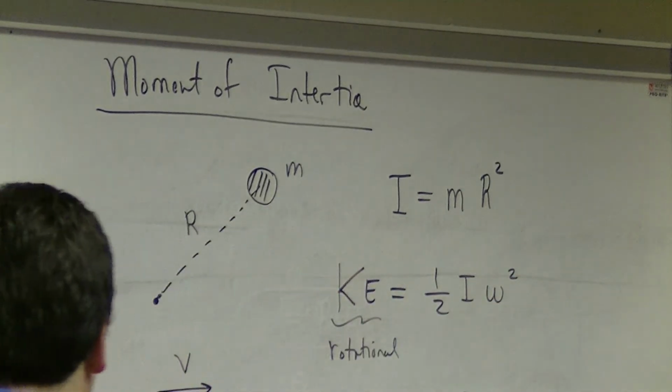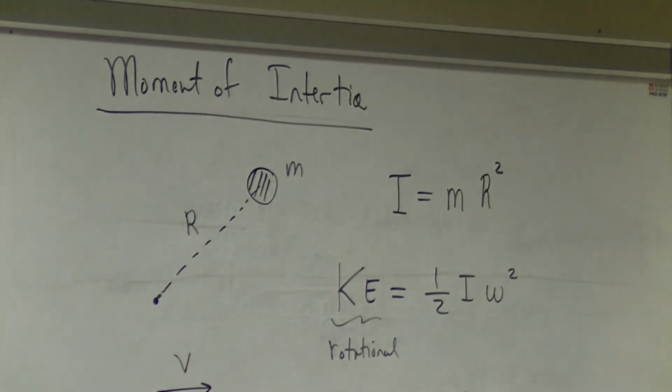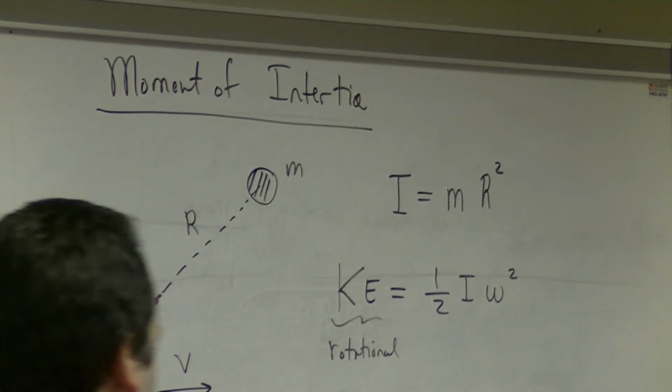For a sphere of radius r, the moment of inertia works out to, if I recall correctly, 2/5 mr squared. Say, how do you know that? Calculus.